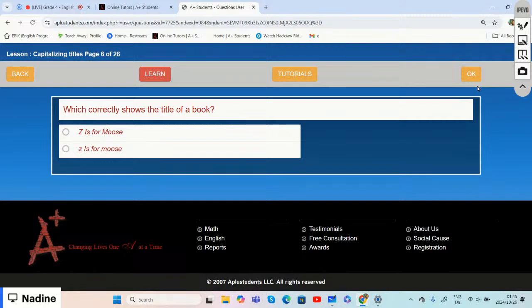All right. So this is the end of our lesson, which correctly shows the title of a book. Is it option one, Z for Mouse, or option two, Z Is for Mouse? Which one is correct?